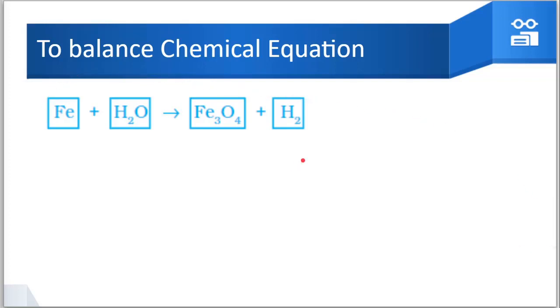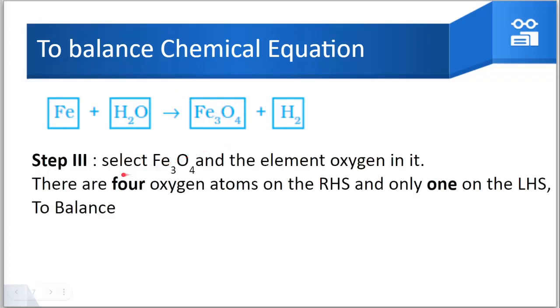Using this criteria, you can see in the chemical equation, it is oxygen. So select Fe3O4 and the element oxygen in it, because there are 4 oxygen atoms on the right hand side and only 1 on the left hand side.